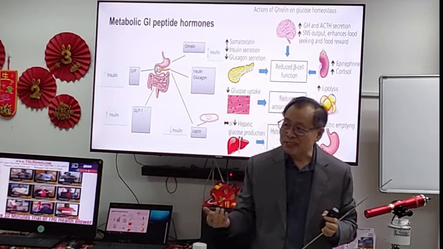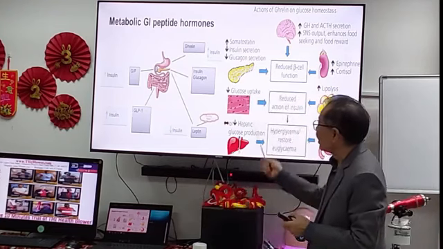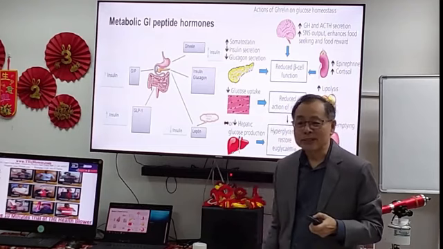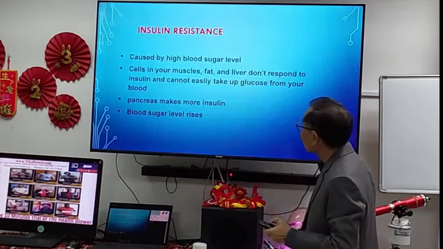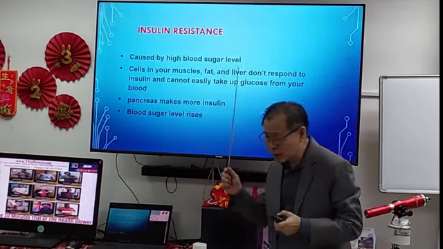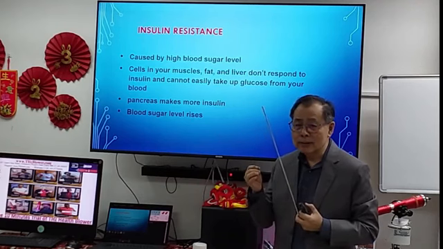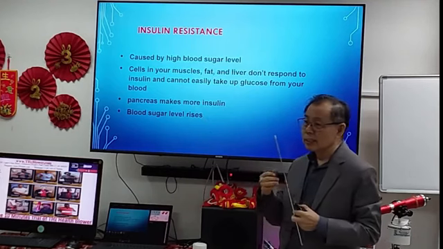Food has its pleasures, right? And when we eat too much, then no matter what hormones are circulating, we override all of them, and we raise our blood sugar sky high. So that is diabetes. When your blood sugar is always high, your cells become resistant to insulin.